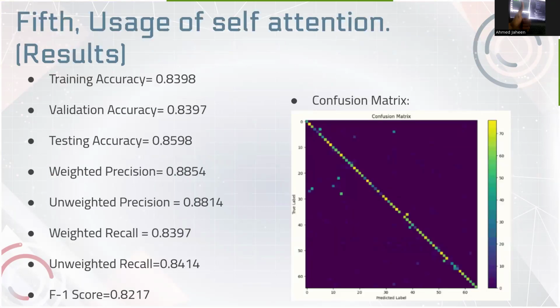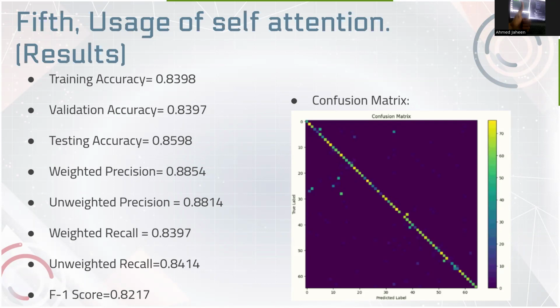And next was the self-attention mechanism. We used this as an attention layer, the last layer in GoogleNet, after editing the GoogleNet architecture. However, the accuracy was so bad, like 85%.